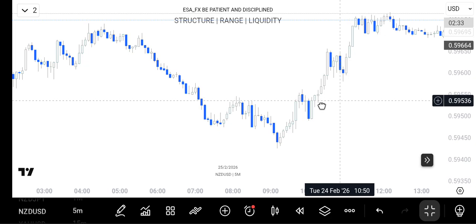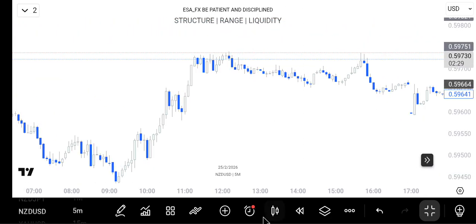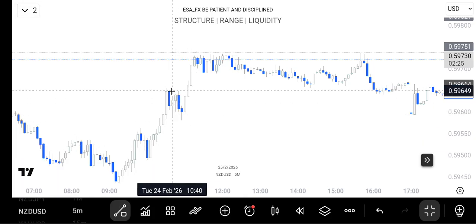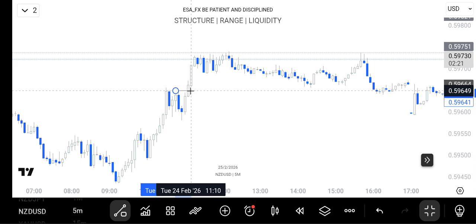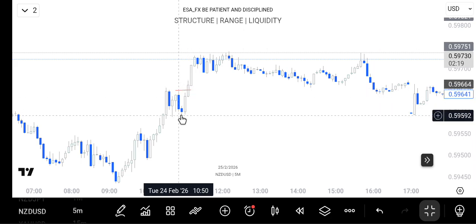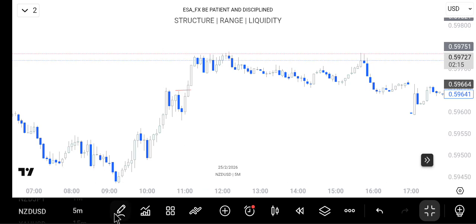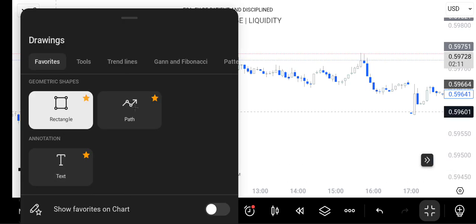Let's go again, just a couple more to see. I have this one here. This is an aggressive move. Notice here, aggressive move causing a break of structure. The last opposing color candle is the bearish candle here.